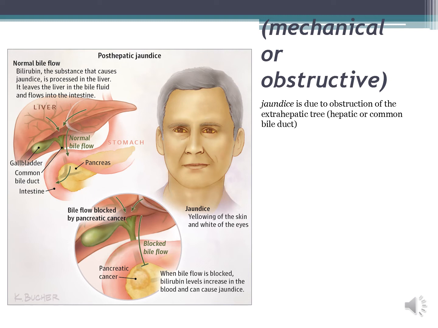In that case of the mechanical obstructive jaundice, for example, when the bile flow is blocked by a tumor, like for example here you see the pancreatic cancer, so the bile flow is blocked, and we see that bilirubin levels increase in blood, and as a result of this increase we see such yellowing of the patient's skin and eyes.